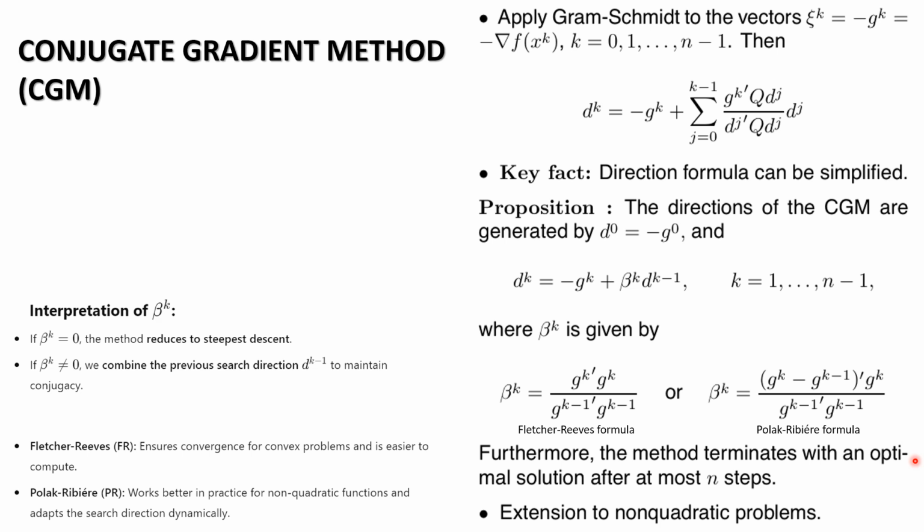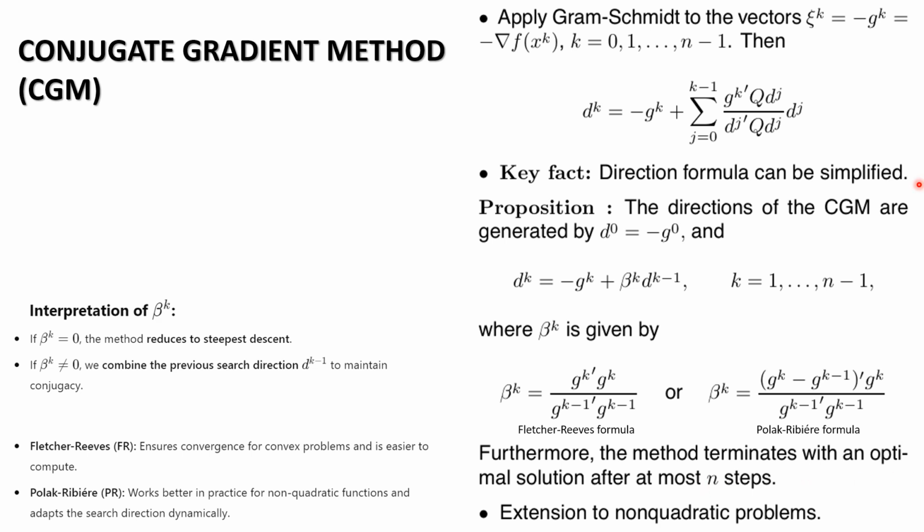Termination of the method. The conjugate gradient method terminates after at most n steps. In n-dimensional space, at most n mutually conjugate directions can be formed. And after n steps, the exact solution is found in exact arithmetic, assuming no round-off errors.